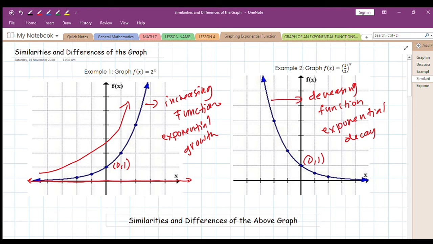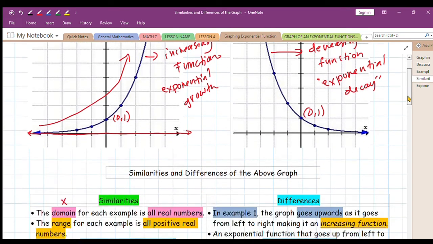Meaning, if the base is greater than 1, as in 2 raised to x, we have exponential growth. And if the base is greater than 0 but less than 1, we have a decreasing function, or exponential decay. So those are the similarities and differences of these two graphs.